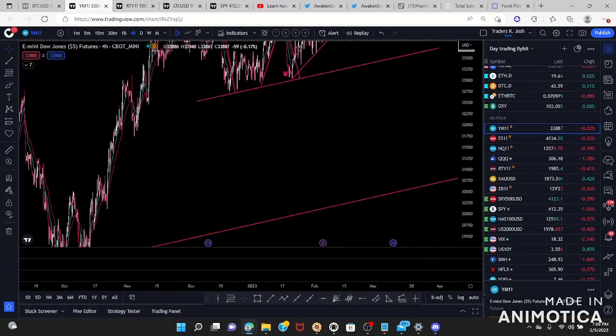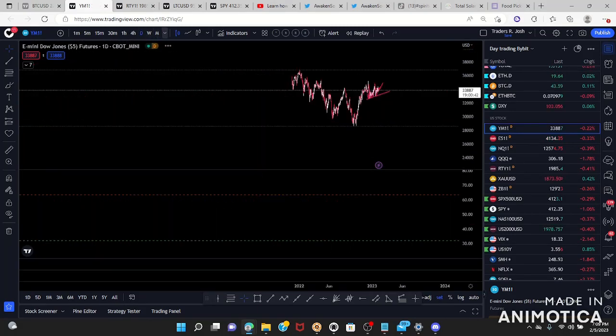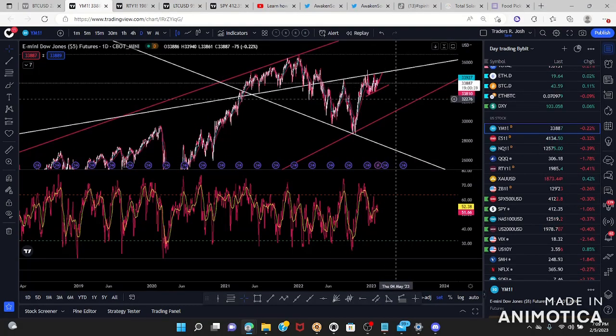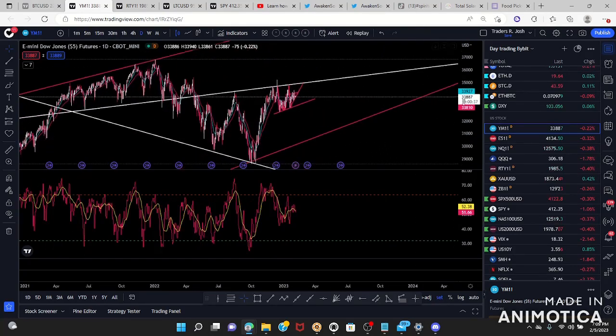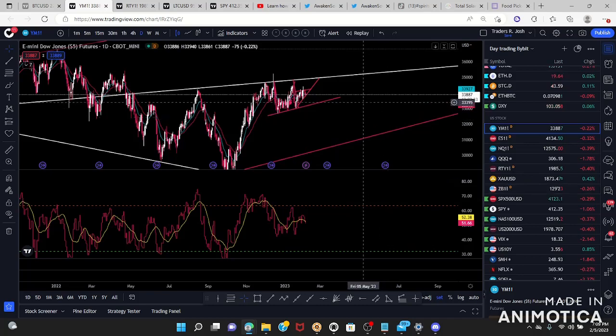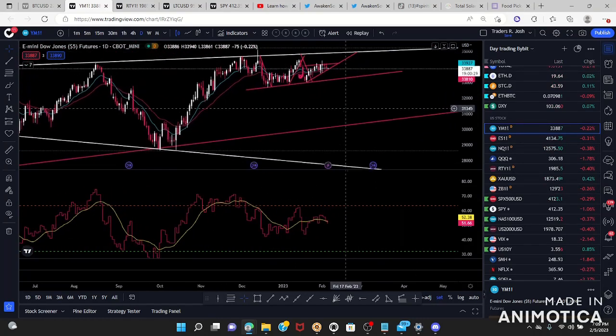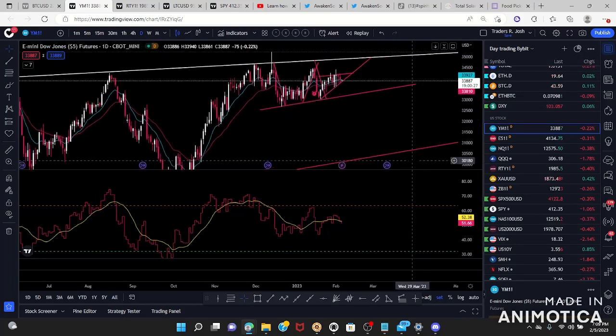Let's look at the RSI and the daily here. I look at the RSI to see if I could have any divergence, anything that I'm missing.